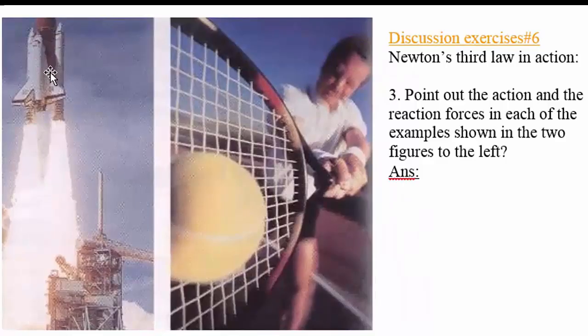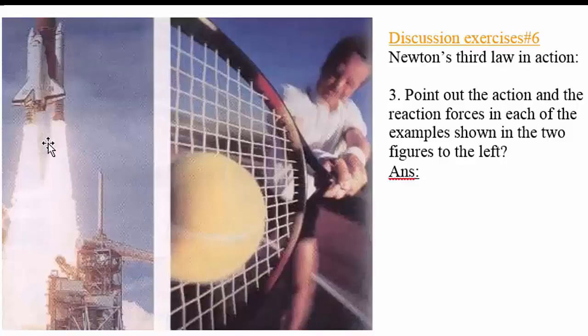They think that the gases produced by the explosion of the fuel will push against the launching pad and that will cause the rocket to accelerate. This is wrong because the rocket is still accelerating even in space where there is no ground or launching pad. The reason is action and reaction, very much like the case with the bullet.